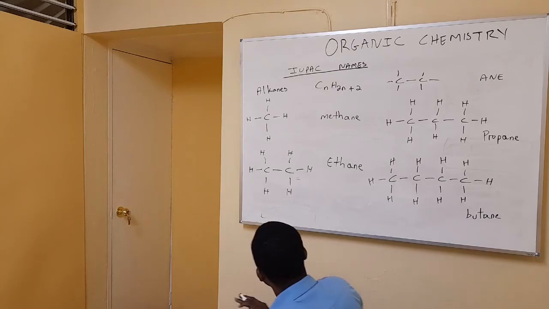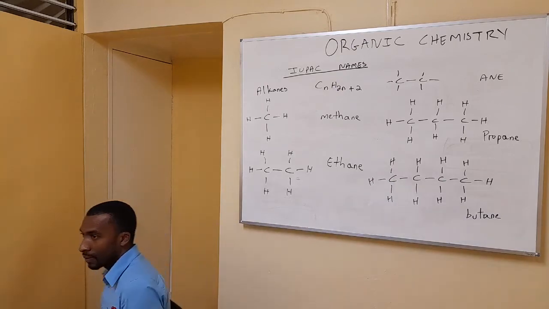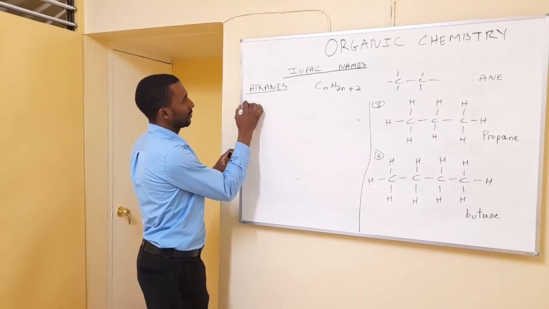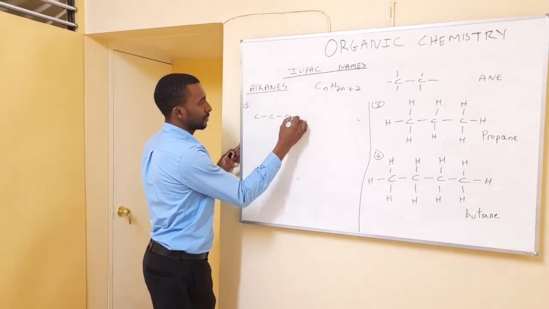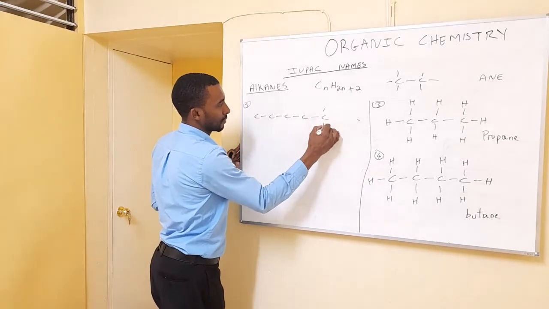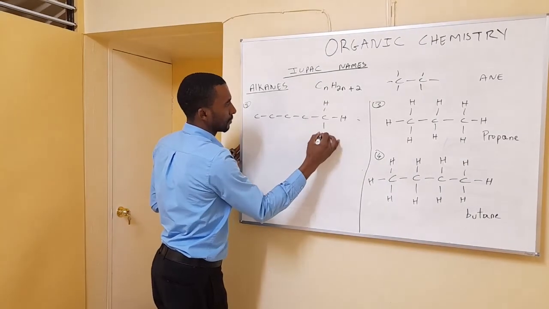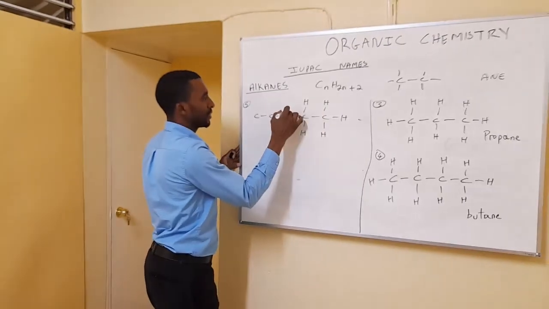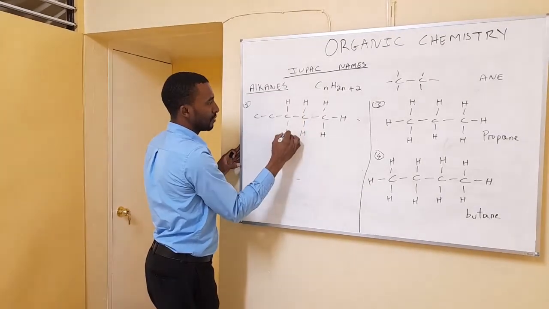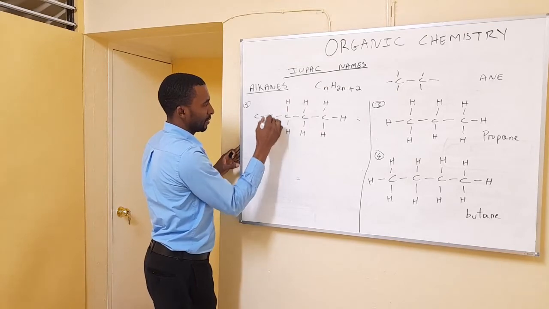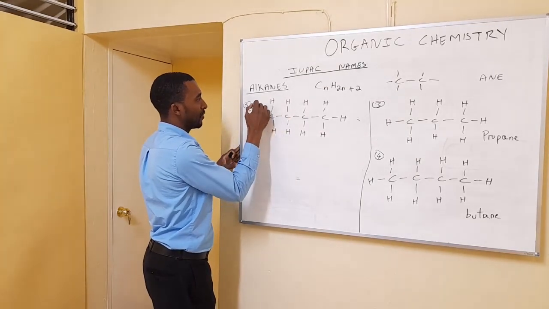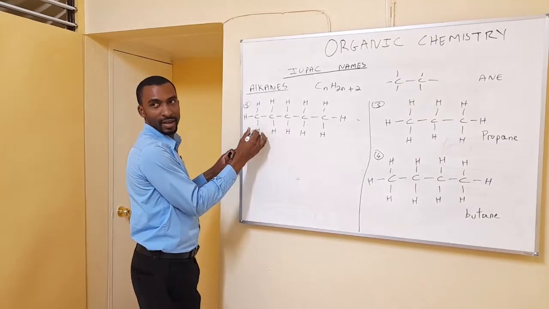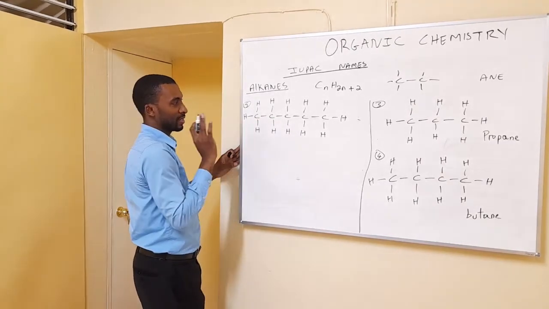So take those two from the board. That was two carbon. Remember that a dash represents two electrons in a covalent bond, a single covalent bond. It can be between a carbon and a hydrogen, or between a carbon and a carbon, but it's a single bond.